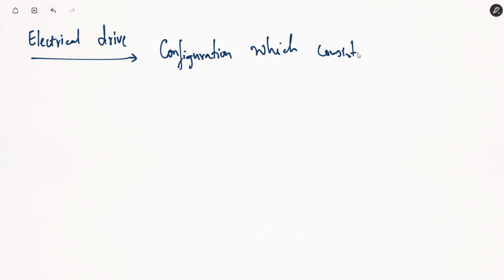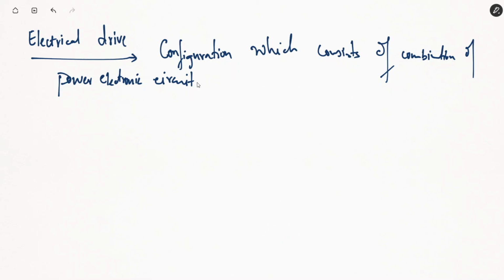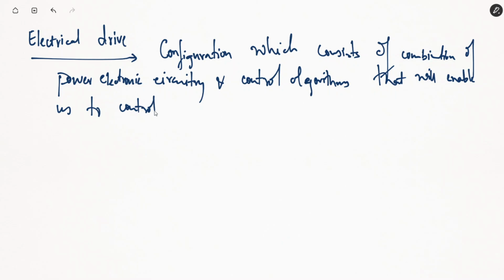A modern electrical drive or a variable speed drive can be defined as a configuration which consists of power electronic circuitry, which consists of a combination of power electronic circuitry and control algorithms that will enable us to control the variables, or what we can say as the state variables, the dynamic variables of the motor.